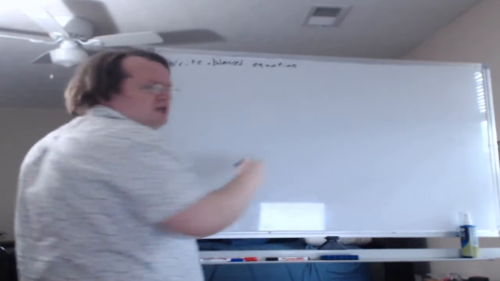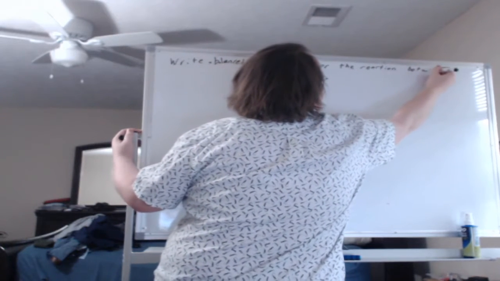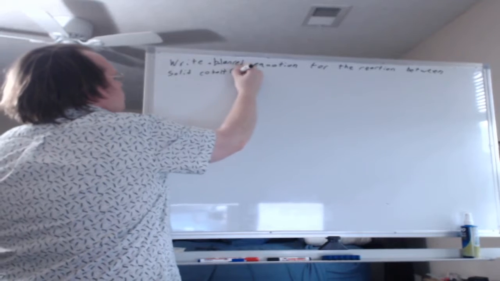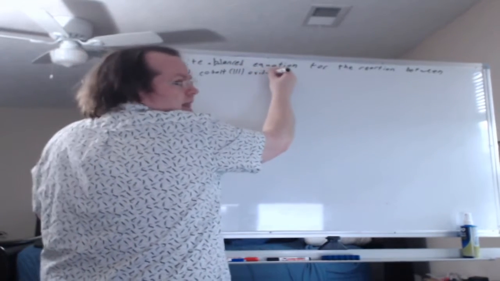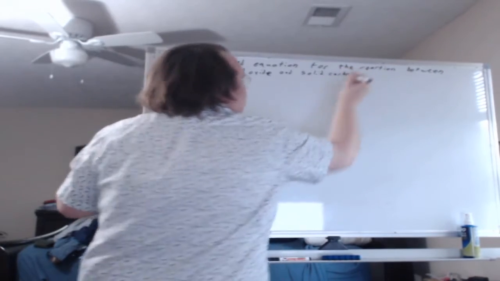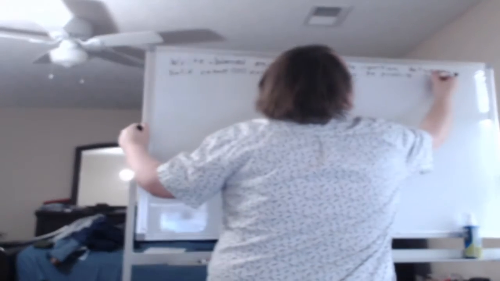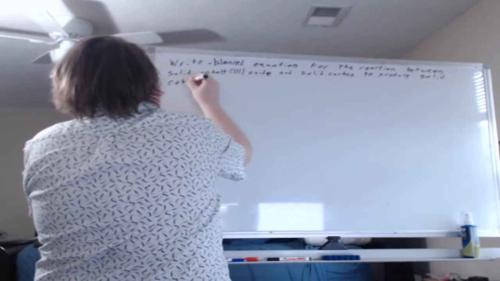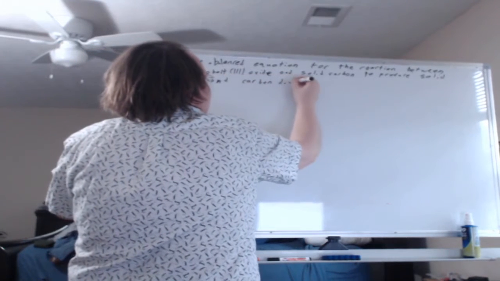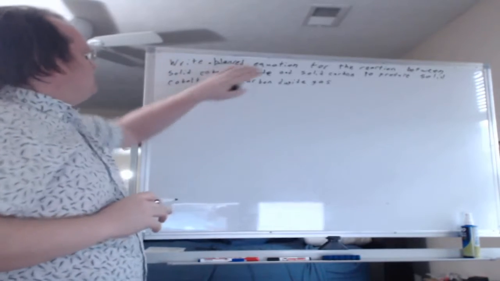But we're going to write a balanced equation for the reaction between, okay, we're going to use solid cobalt(III) oxide and solid carbon to produce, make sure I get all these right, solid cobalt and carbon dioxide gas. So what we want to do is write a balanced equation for this big long sentence.